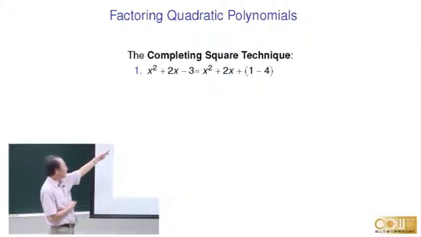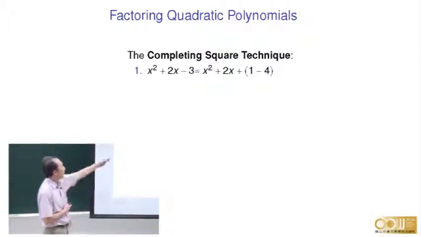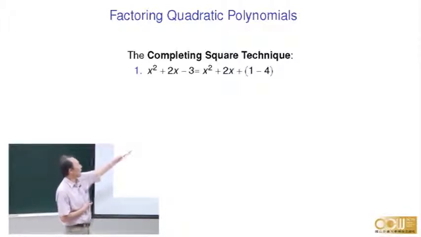Okay, the completing square technique is, for this example, we try to complete the square to make the 2x term disappear. And to do that, using the perfect square technique, I have to add 1 on for these two terms.